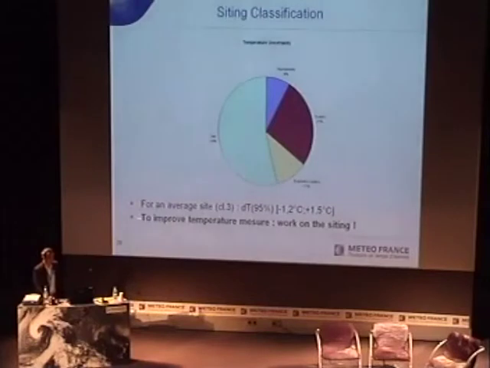So back to our temperature example. In a class 3, which is an average site, not the worst, but not really good, the uncertainty of temperature at a confidence of 95% is between minus 1.2 and plus 1.5 Celsius degrees.